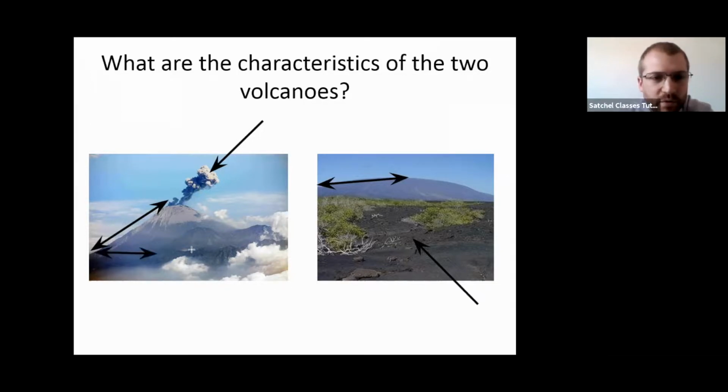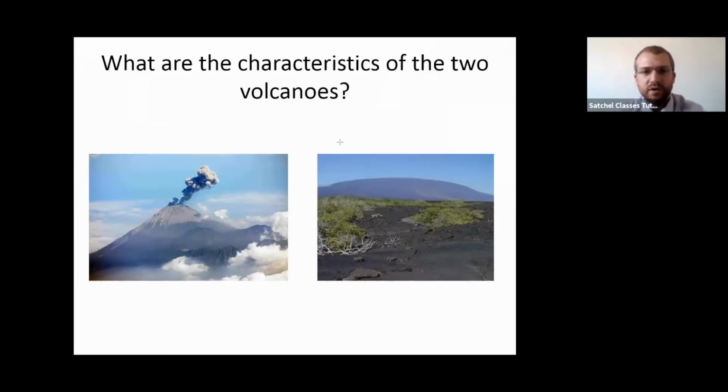And maybe you also want to think about scale, all of these different things. So I'll clear those drawings so we can have a fresh look at these.